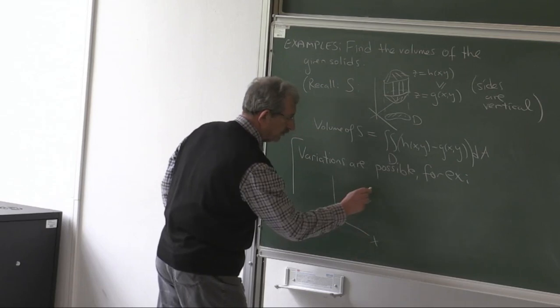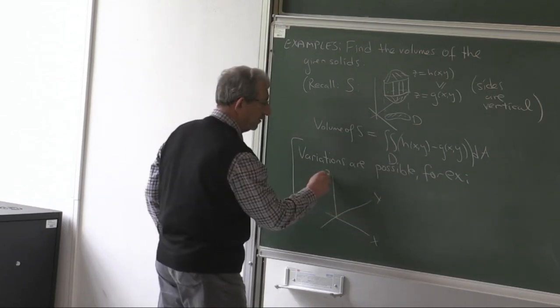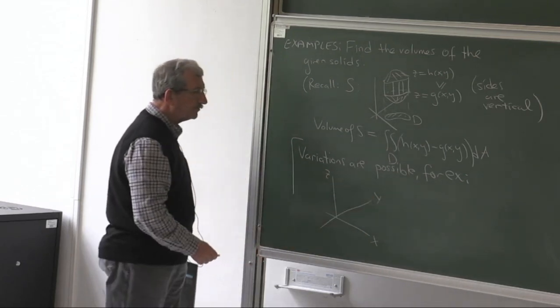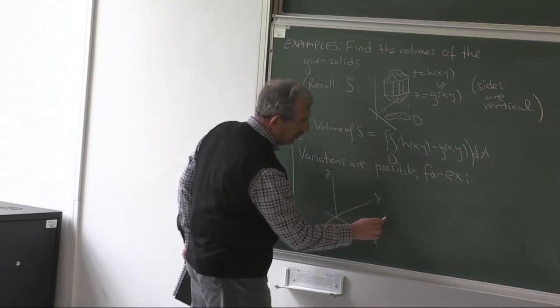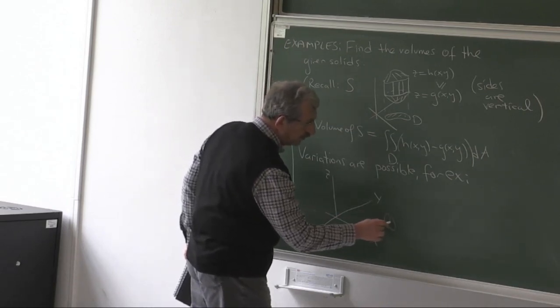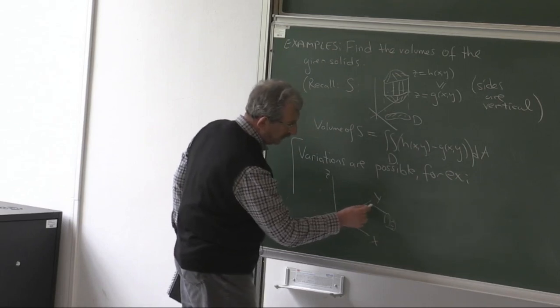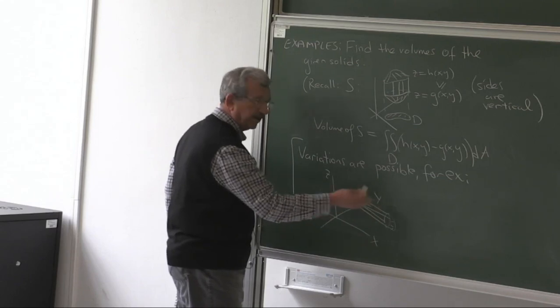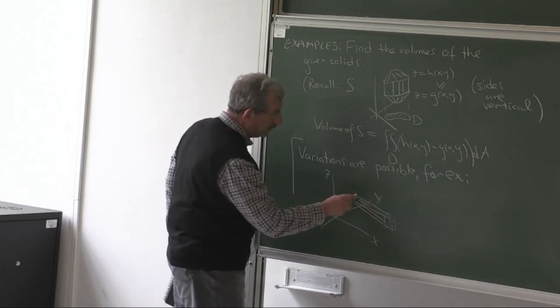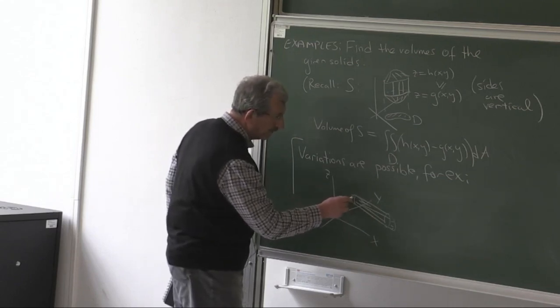Say these are your x's and y's, and so on. Now, suppose when you look in the x direction, you have some surface, and you have vertical surfaces, and at the bottom you have something like this.